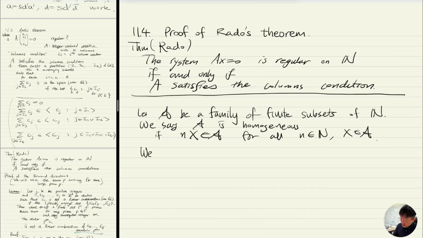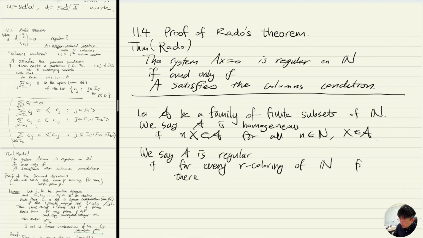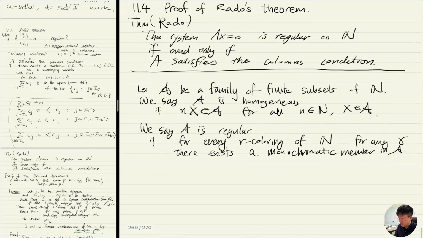And we say A is regular if for every r-coloring of the positive integers there exists a monochromatic member in A. Okay, then we say it's regular.